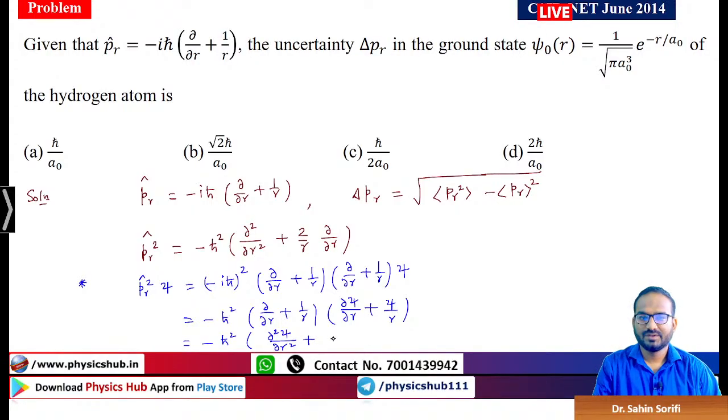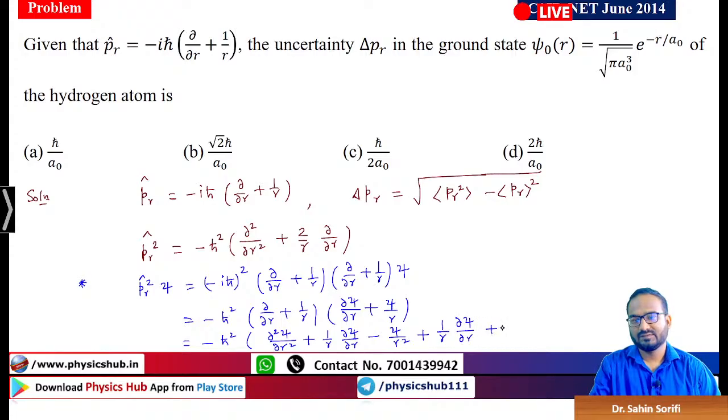So you can write it as 1 by r del psi by del r minus psi by r square, because the derivative of 1 by r is minus 1 by r square. Now next this term: plus 1 by r del psi by del r plus 1 by r square times psi.